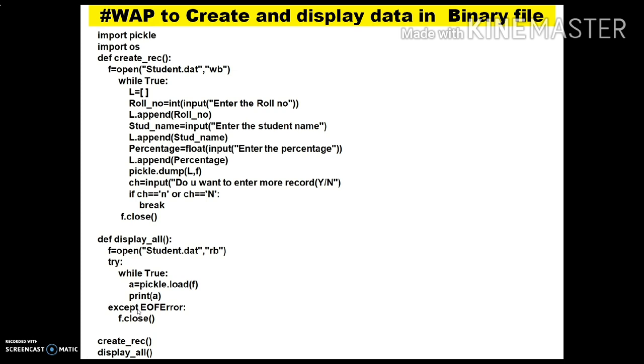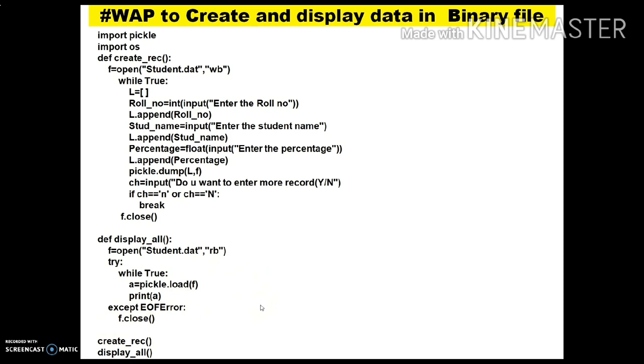So here I have opened the student.dat file in reading mode, and I use try and except. I am not using the else block, because the else block is only executed if there is no error. Clear?